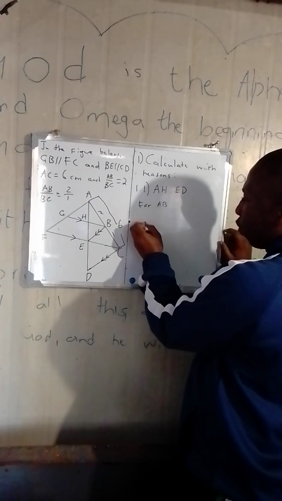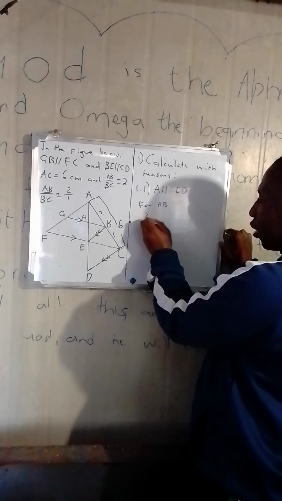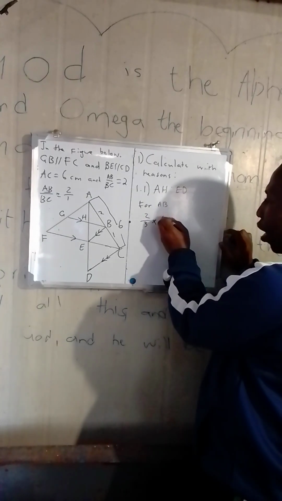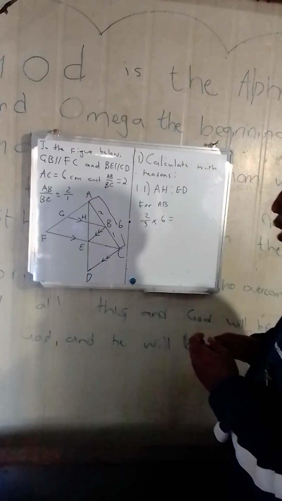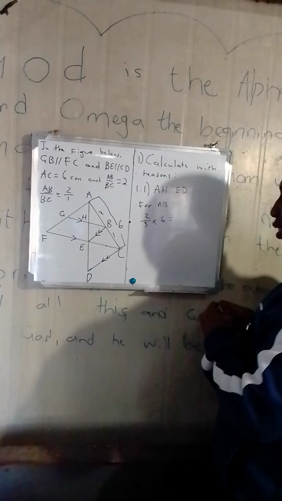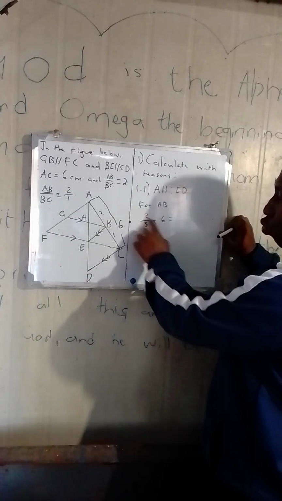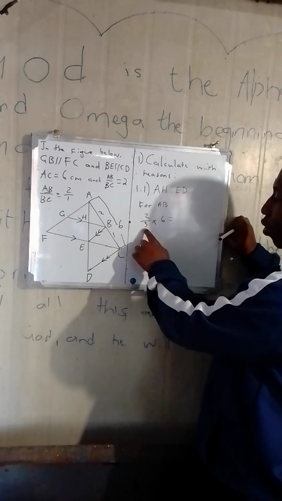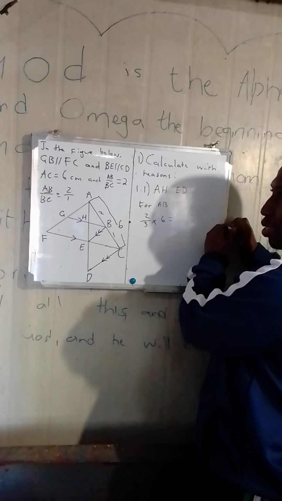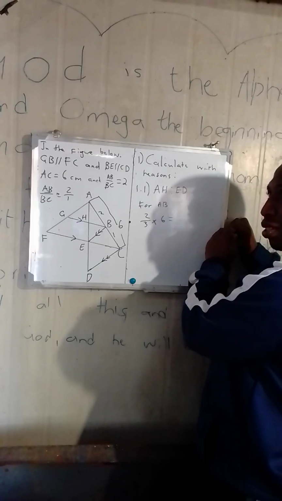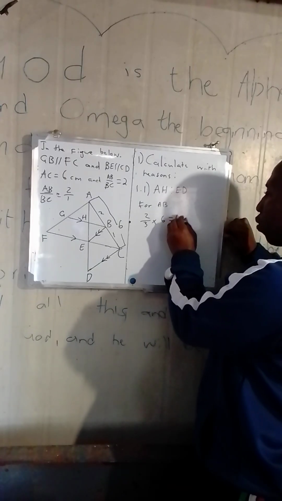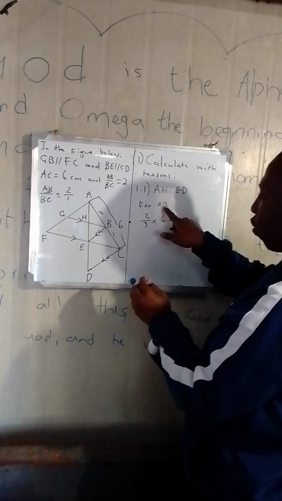So it's 2 over 3 times 6. 2 times 6 is 12, divided by 3 is 4.